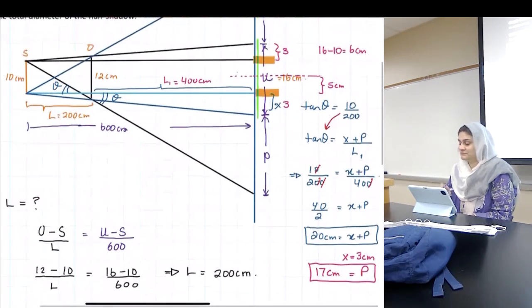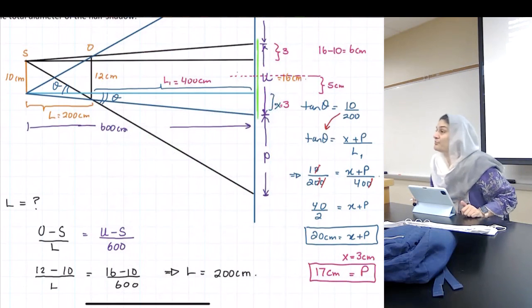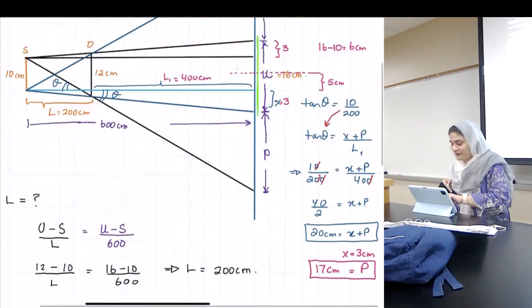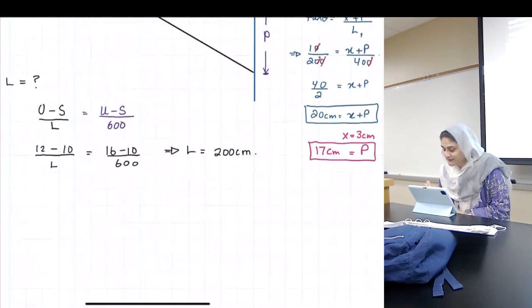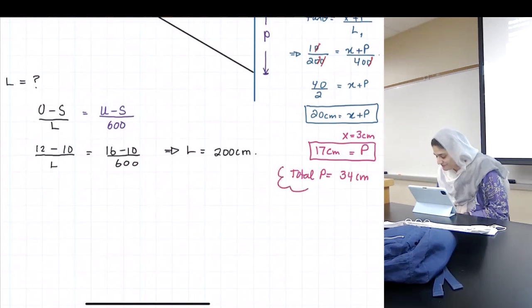Good? I'm going to erase these. So one side of P will be 17. So the total P will be 34. You're right. It's a nice number. So would that mean that 34 is the answer?